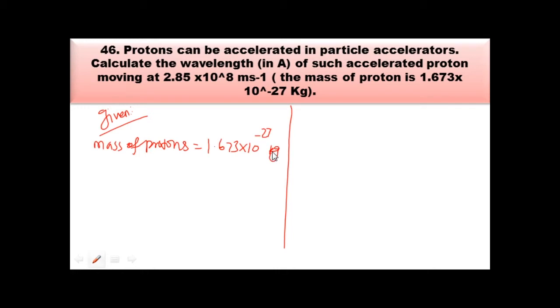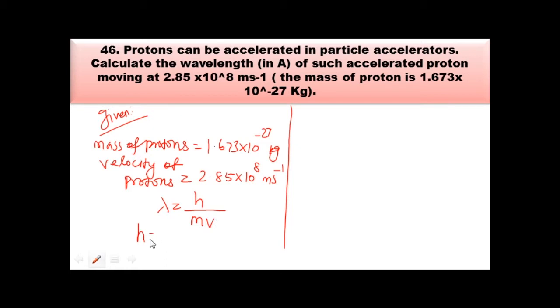Then the velocity is also given, velocity of proton equal to 2.85 multiplied with 10 power 8 meter second inverse. So what are we going to calculate? Wavelength. So the formula, lambda equal to h by m into v.